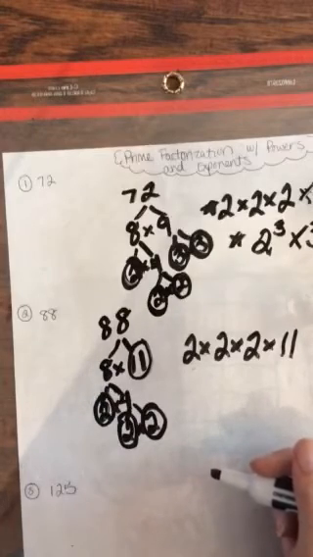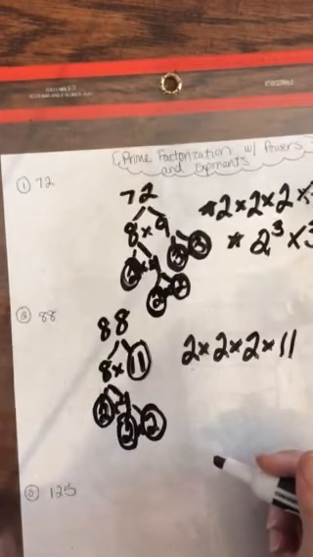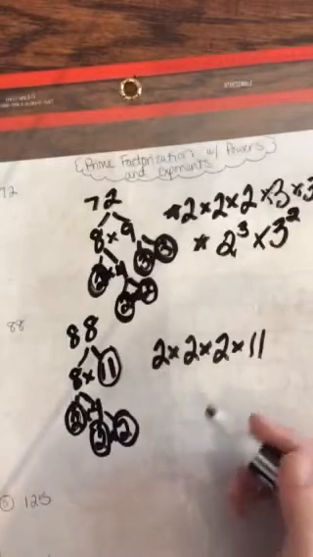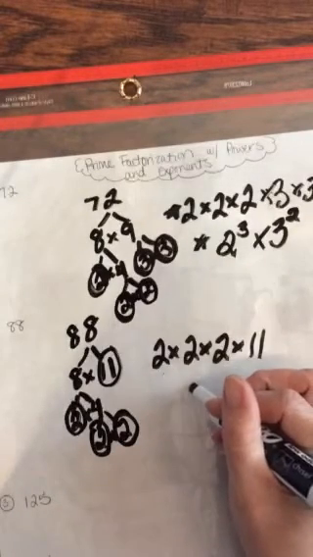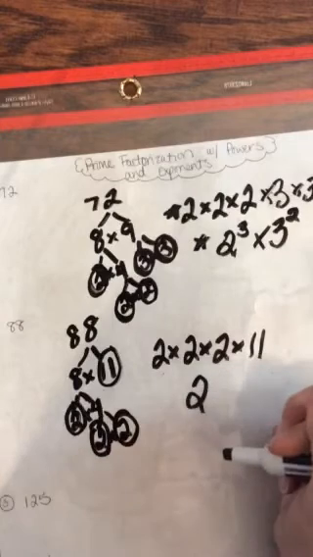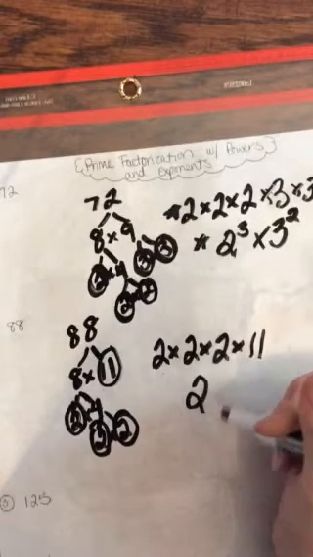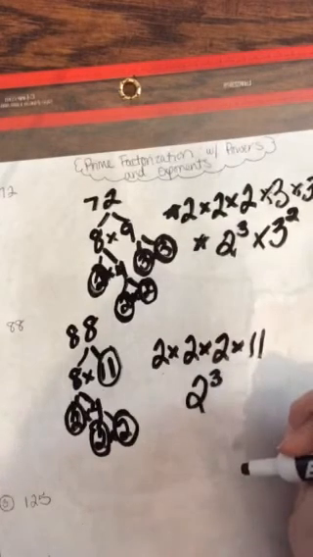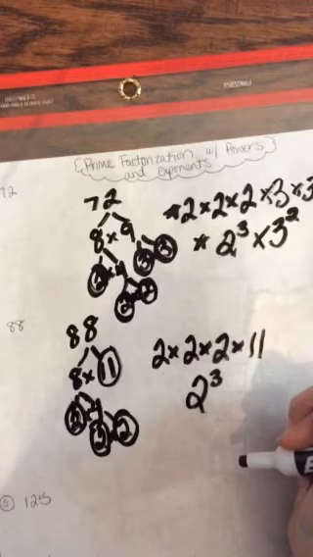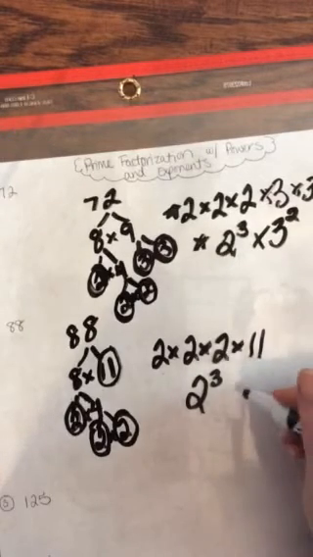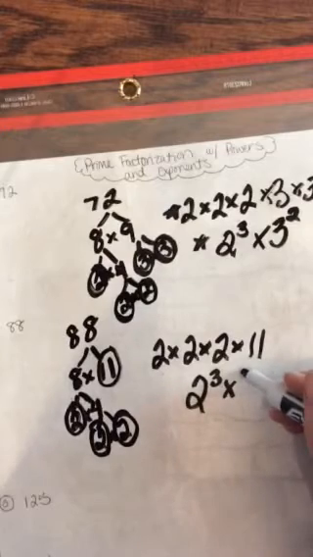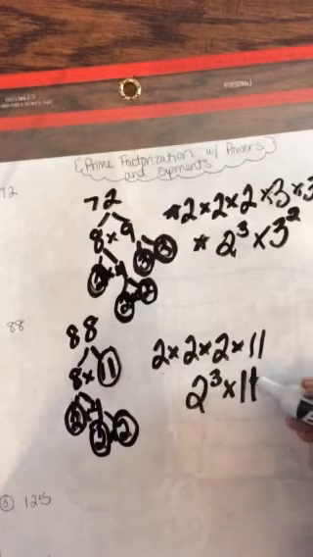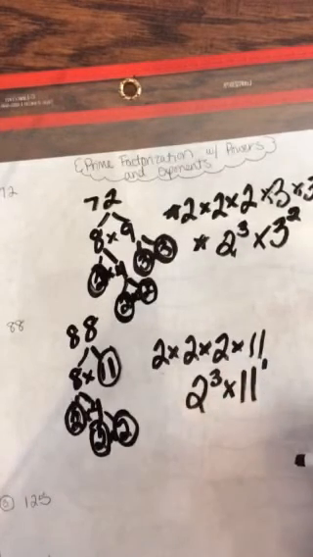Again, if we're going to use powers and exponents, we want to see, are there any numbers that are duplicates? I notice that again in this problem I have three 2s. So 2 is the number that's being repeated over and over again. 3 is going to be the exponent because that's how many times it is repeated. Then I notice that I have 11 and I only have it once. So you could write 11 to the 1st power.